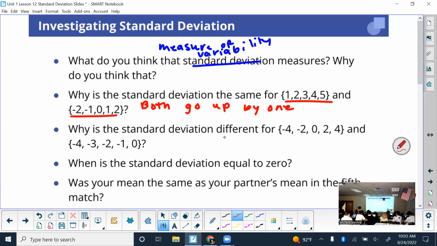Now, why would the standard deviation be different for this data set and this one? Don't say it out loud, just look at it, think about it. All right, any volunteers? Why would it be different? Landon.